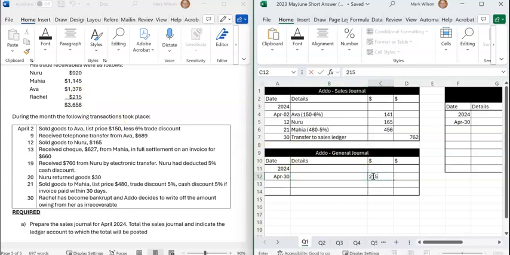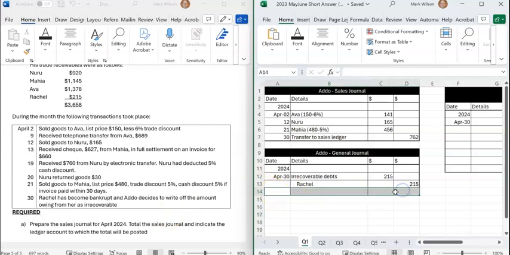So nice and easy journal entries, we've got to put a debit and a credit. So a nice easy start. And we're going to debit the expense here. So the expense is called irrecoverable debts. Often that's called bad debts. And the credit goes to the account that it comes from. We always indent that account. And so we're going to credit Rachel. So basically that figure there is getting wiped out.